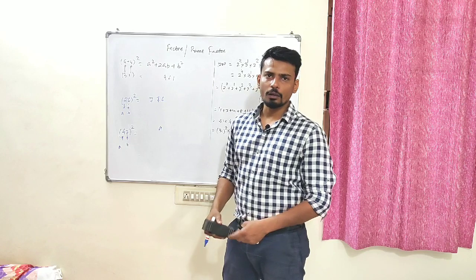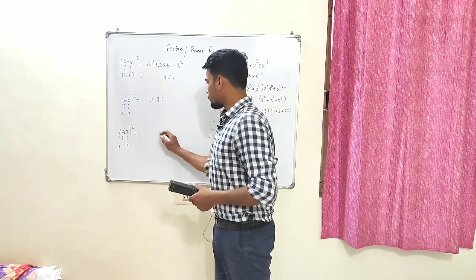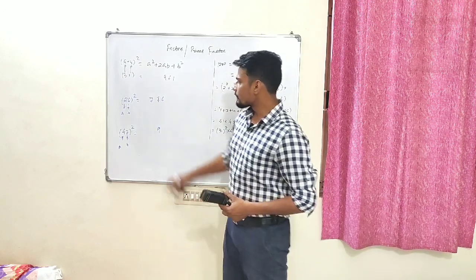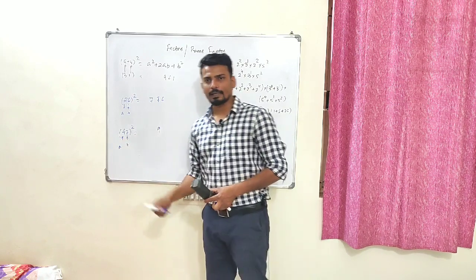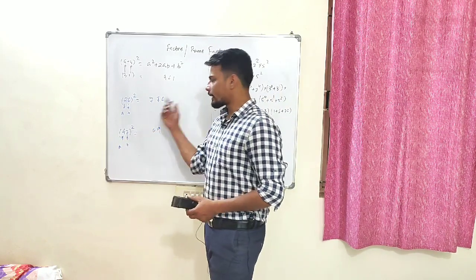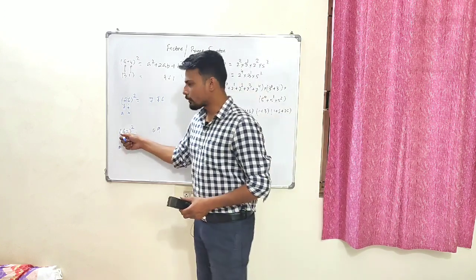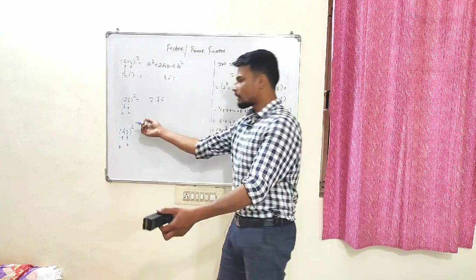Carry forward is 4. You can use your fingers to count those, keep those carry in the mind. Okay, let me write it properly. The handwriting is getting worse. Okay, 7 square is how much? 49. Carry is 4. 7 times 4 is 28. Times 2, 56. 56 plus 4 is going to be 60. Carry is going to be 6. Keep it in hand. 6. 4 square is 16. 16 plus 6 is going to be how much? 22. Well, that's the square of 47, isn't it?